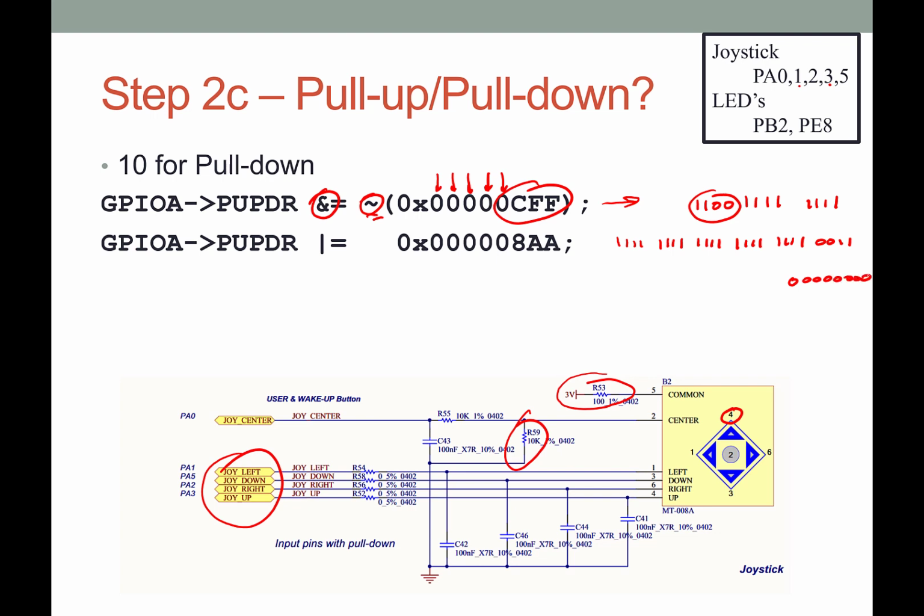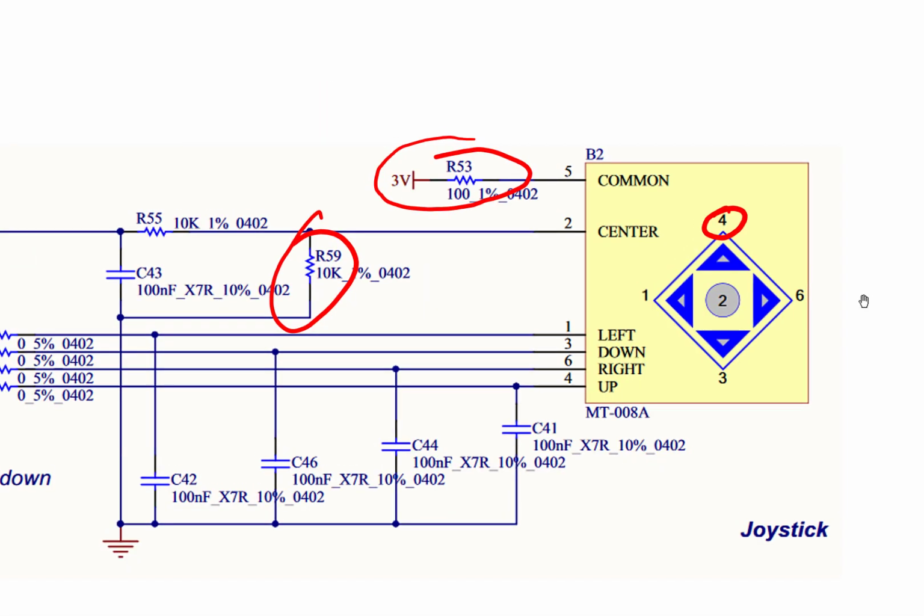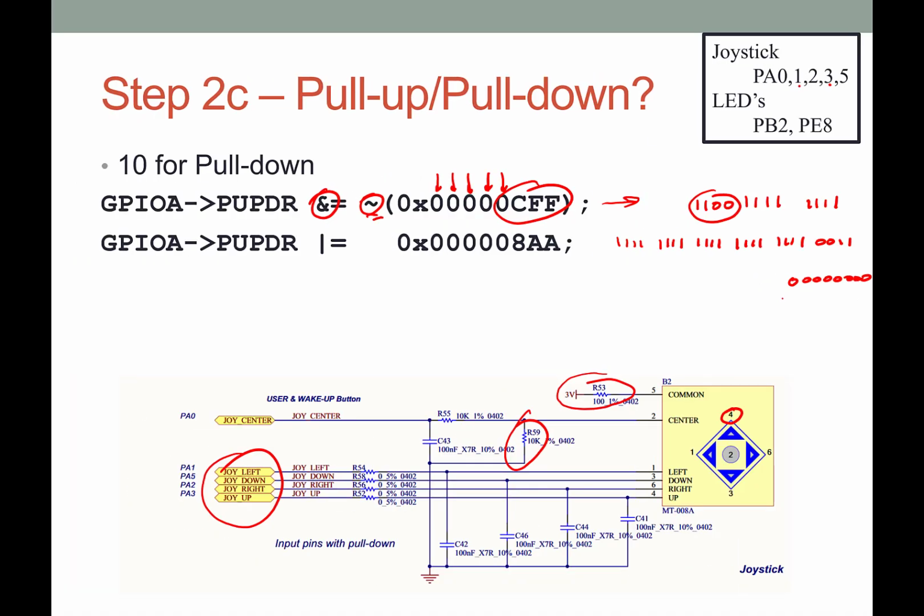So when we end with that, what that's going to do is give us zeros in those lower 8 bits, and then those 2 bits right there.